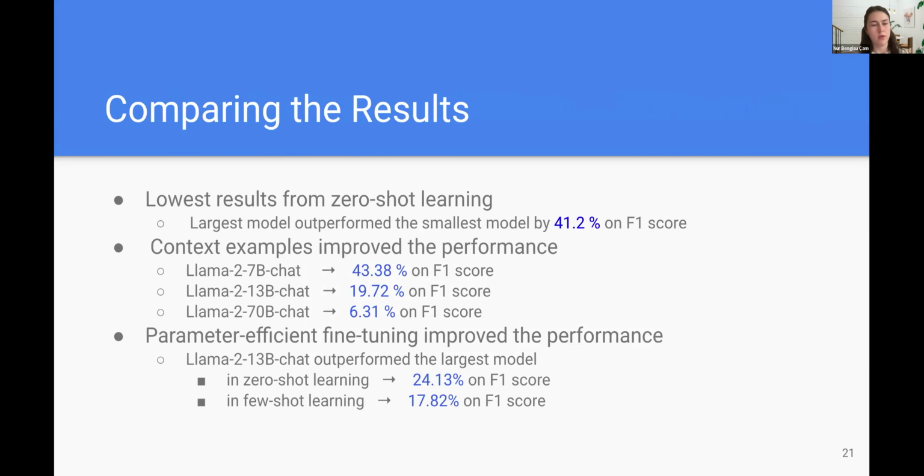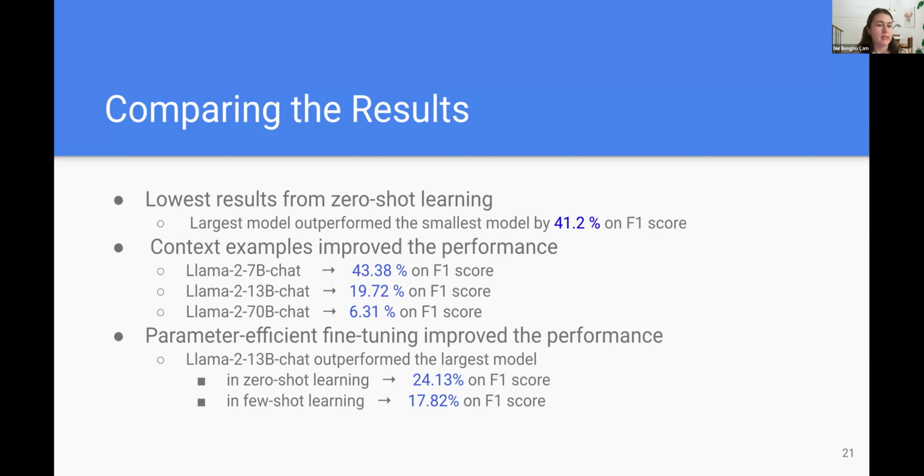So if we just wrap up our results, we can see that the lowest results were from the zero-shot setting, and the largest model, the 70 billion model, outperformed the 7 billion model by 41.2% on F1 score.